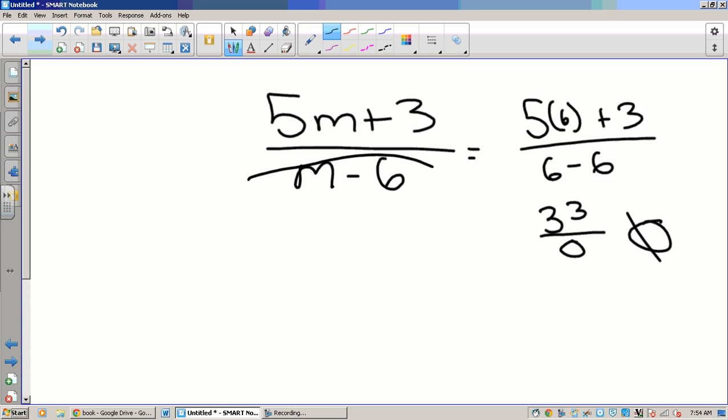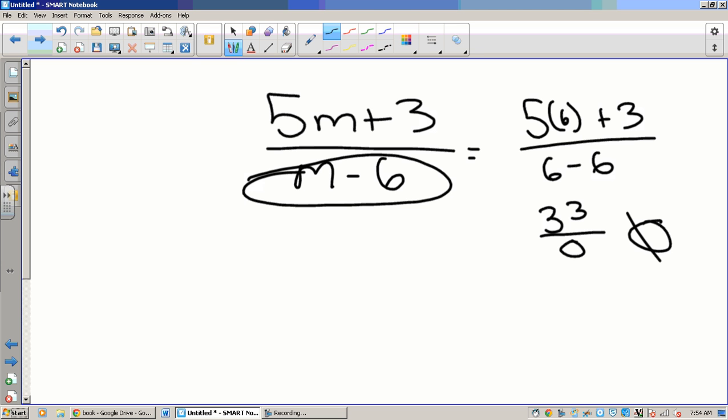If our denominator, or if our divisor, I'm going back to 4th grade language, equals 0, then the entire thing is undefined. So if our denominator equals 0, that is an excluded value.